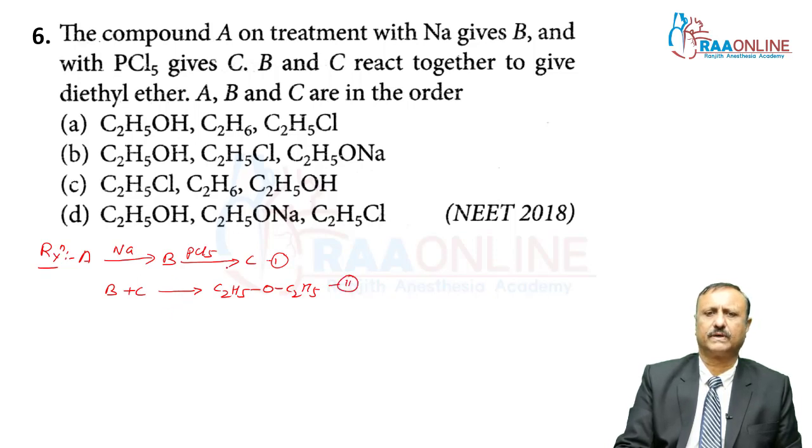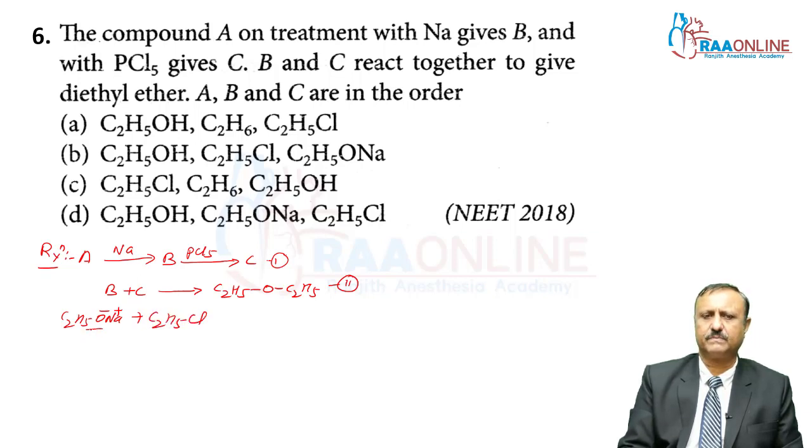Here, my dear students, what are the compounds A, B, C? This question was asked in NEET 2018. Now, we can discuss here. Diethyl ether is formed by sodium ethoxide and ethyl chloride.